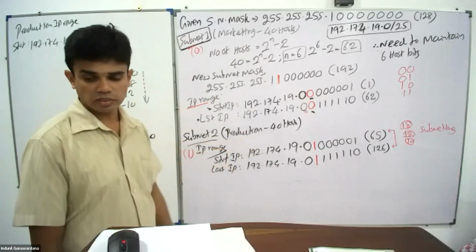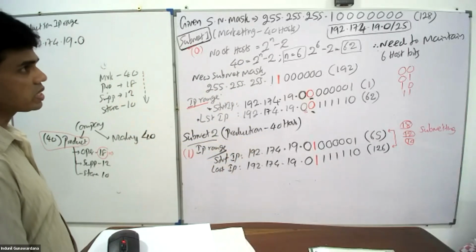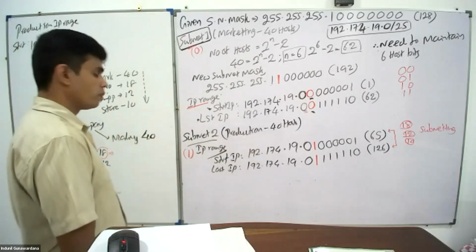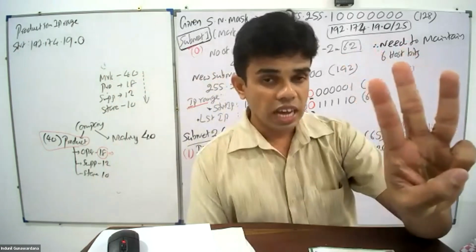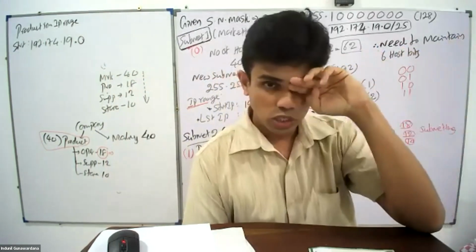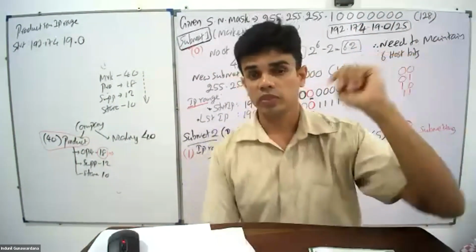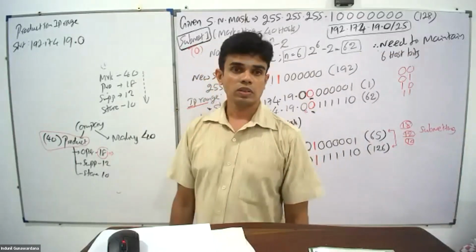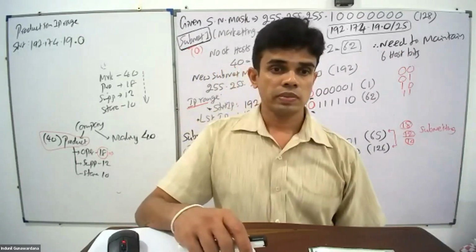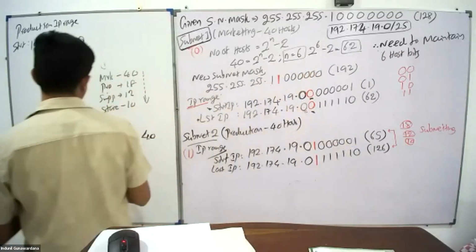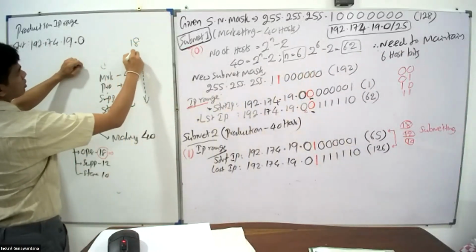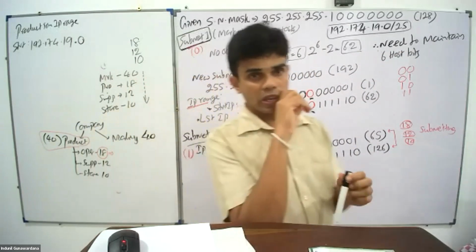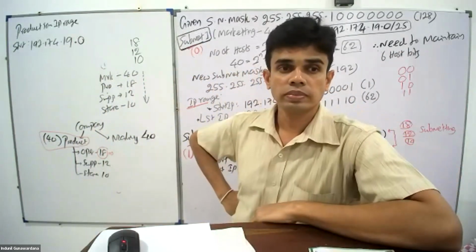The subnet 2 within the production has to be subnetted to another 3 subnetworks, to assign 18, 12 and 10 hosts respectively.